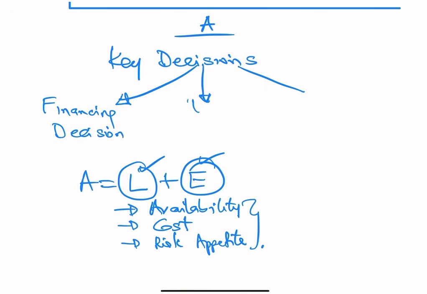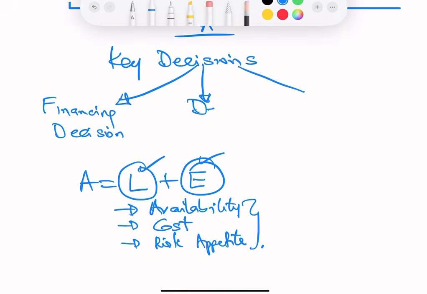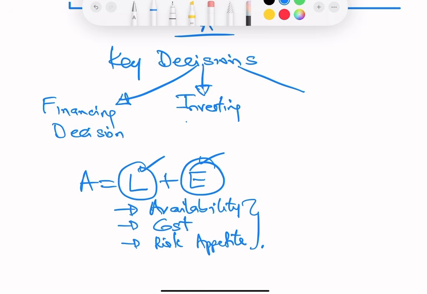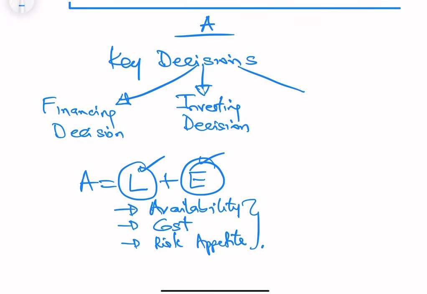The second decision is the investing decision. So as a finance manager, you are not just going to be looking for the money, but you must be able to advise the company, where should they use the money? Where should they invest in? So investing decision is an area that you must be able to advise the management to say, should we invest in real estate, or should we invest in securities?